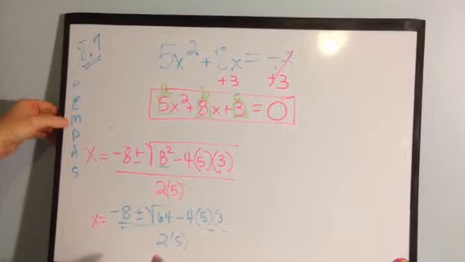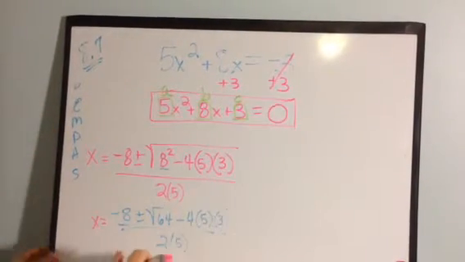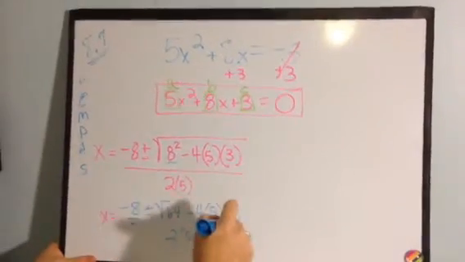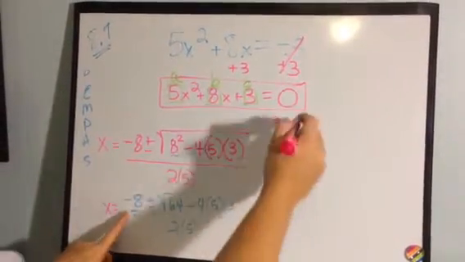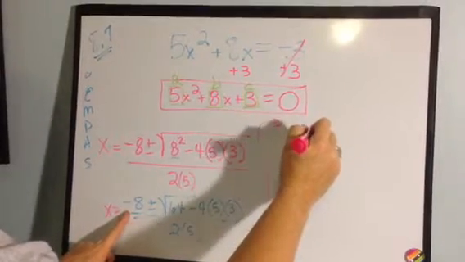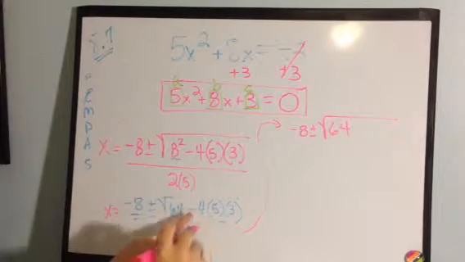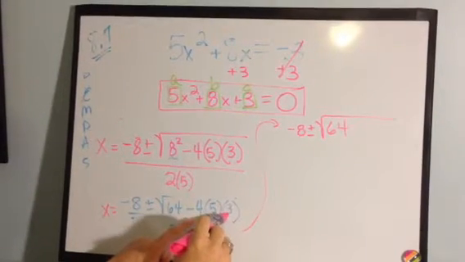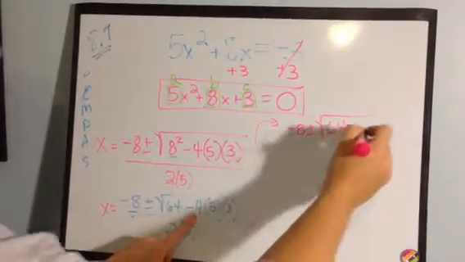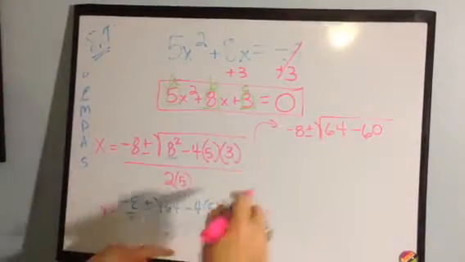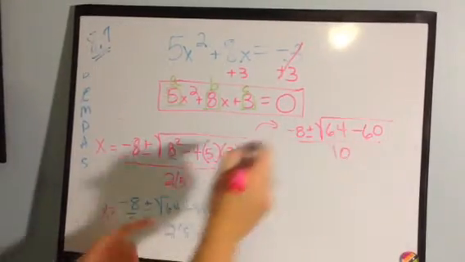Next step is going to be getting rid of my multiplying or dividing from left to right. So I'm going to get a lot of multiplication going on in here. So I'm going to copy down again my negative 8 plus or minus the square root of 64. So now I have 5 times 4 is 20 times negative 3 is going to give me a negative 60. All divided by my 2 times 5 gives me 10. So I'm getting a little cleaner.